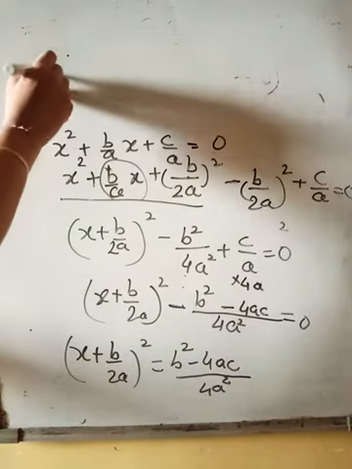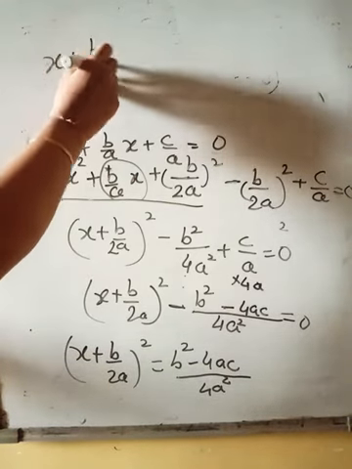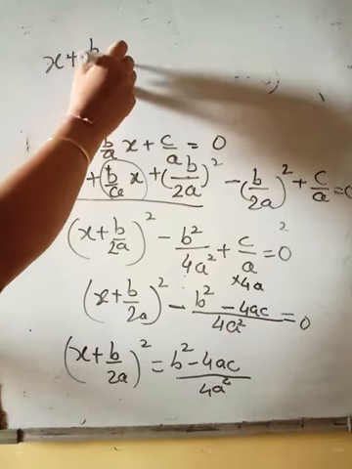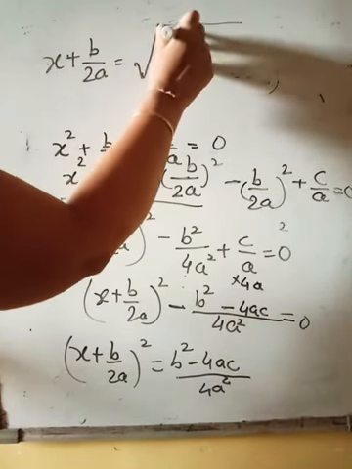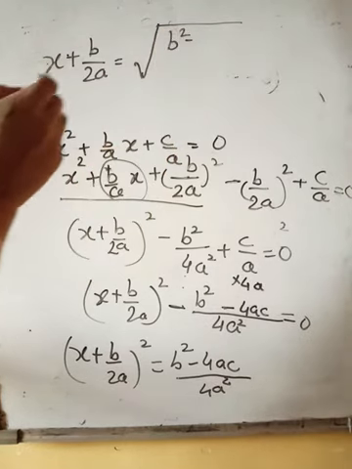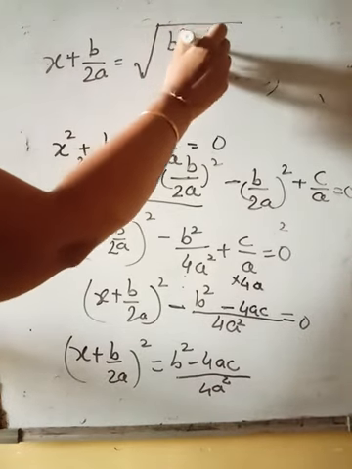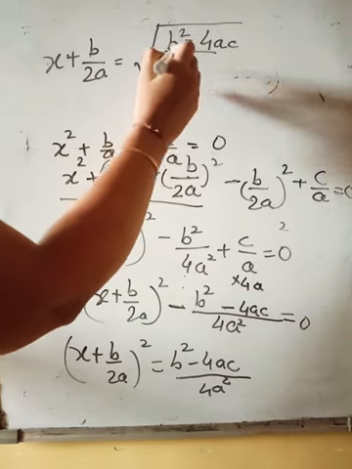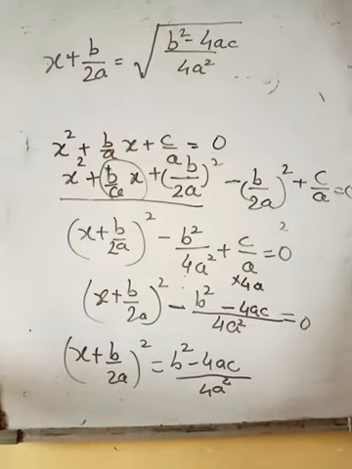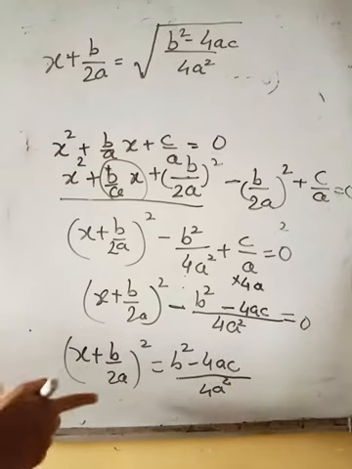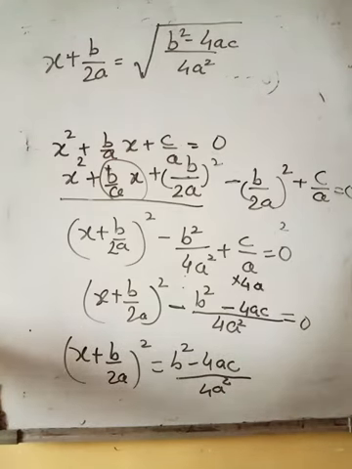So x plus b upon 2a is equal to square root of b square minus 4ac upon 4a square. Right? Taking square root on both the sides. So I have taken the square root.